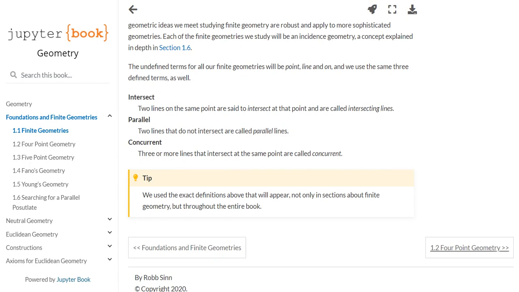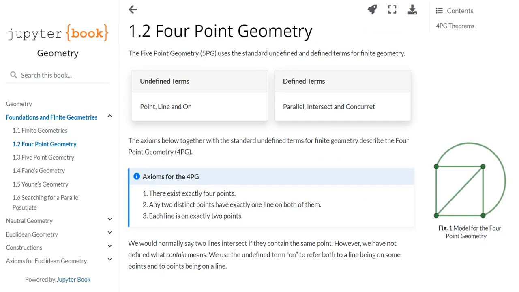So let's look at our first one, the 4-point geometry. You can see we've got our undefined terms and our defined terms, and we have 3 axioms. There exist exactly 4 points. Any 2 distinct points have exactly 1 line on both of them, and each line is on exactly 2 points. There's a diagram here to the right. I have 4 points.